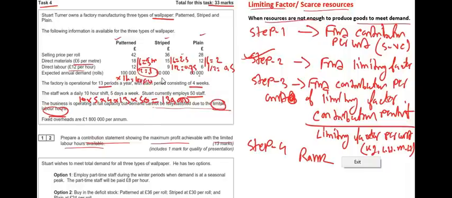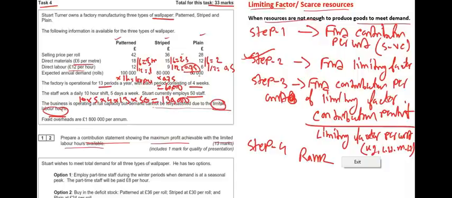Your striped needs 80,000 units they want to produce, and 0.75 labor hours needed, times 0.75, you require 60,000 labor hours.